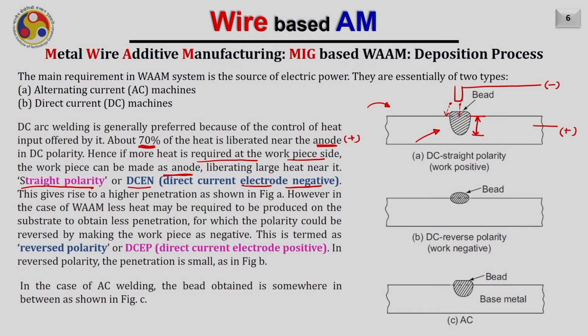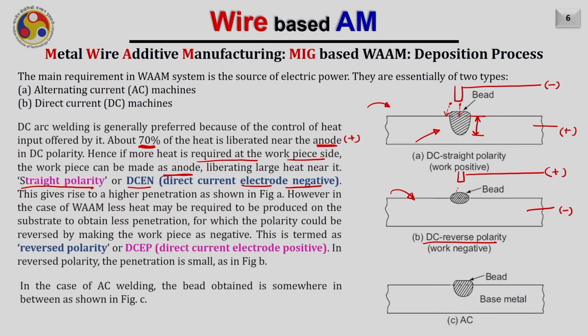However, in the case of WAAM, we may not really require a very high penetration on the substrate; we may require a minimal penetration. Therefore, in that case, we may use DC reverse polarity. In the case of DC reverse polarity, if this is the electrode, the polarity of the electrode is positive. That is also called DCEP, direct current electrode positive, and the substrate is negative.